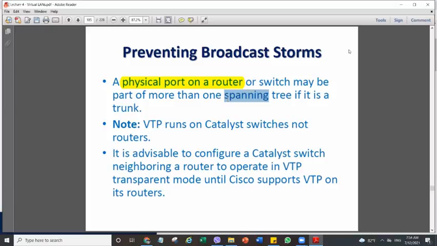Then the link from switch to router. Just visualize the situation. There is a link from the switch to the router. Then focus on the switch end of that link.